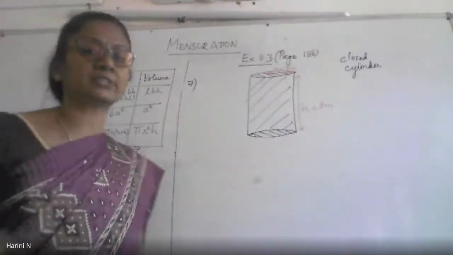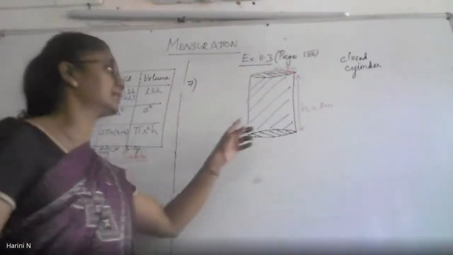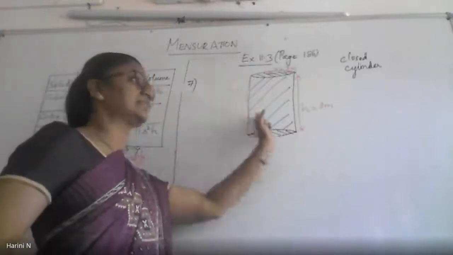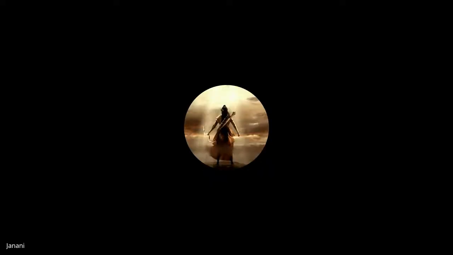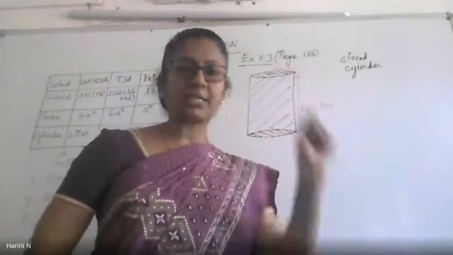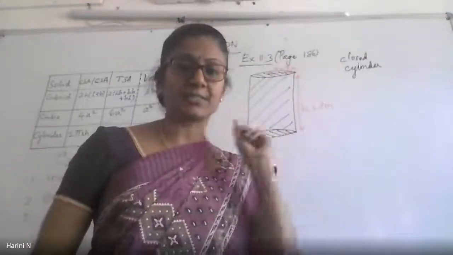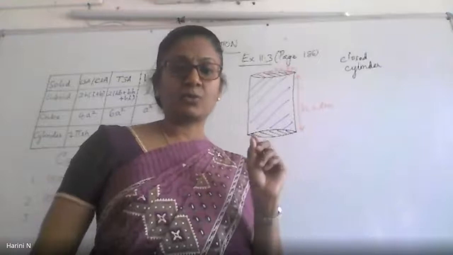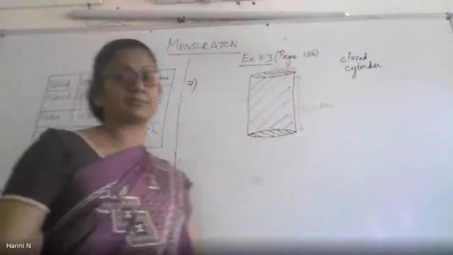It is a closed cylindrical tank. So should the metal sheet be used to cover the CSA alone, or the CSA, top and bottom? Ma'am, CSA alone. It is a closed cylindrical tank; that is the word that you have to catch. So should I have the metal sheet on the top and the bottom, or should I not have it?